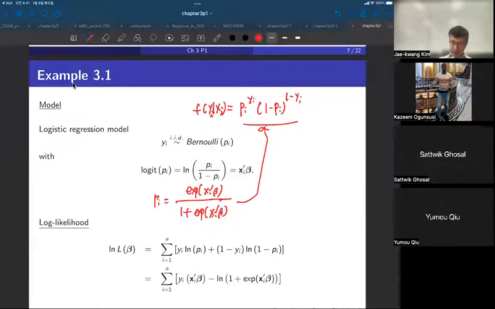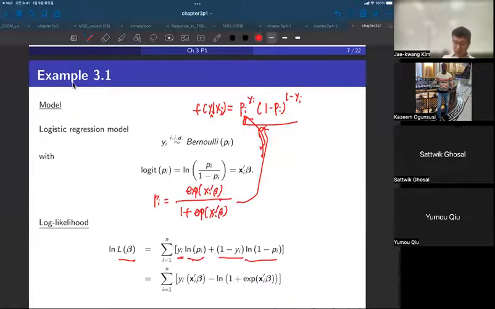So then the likelihood is just the product of the density function, and you take the log. If you take the log, then you have y_i goes outside, times log pi_i, plus 1 minus y_i times log of 1 minus pi_i.